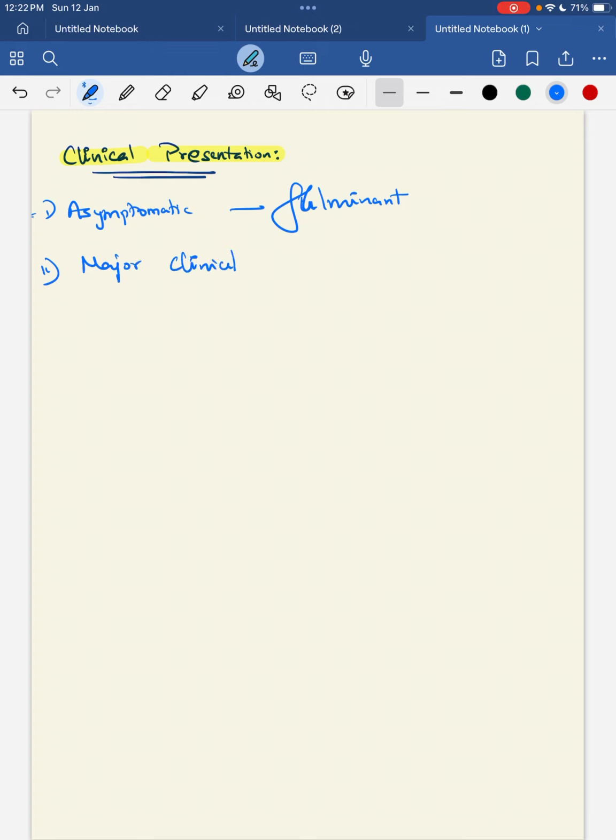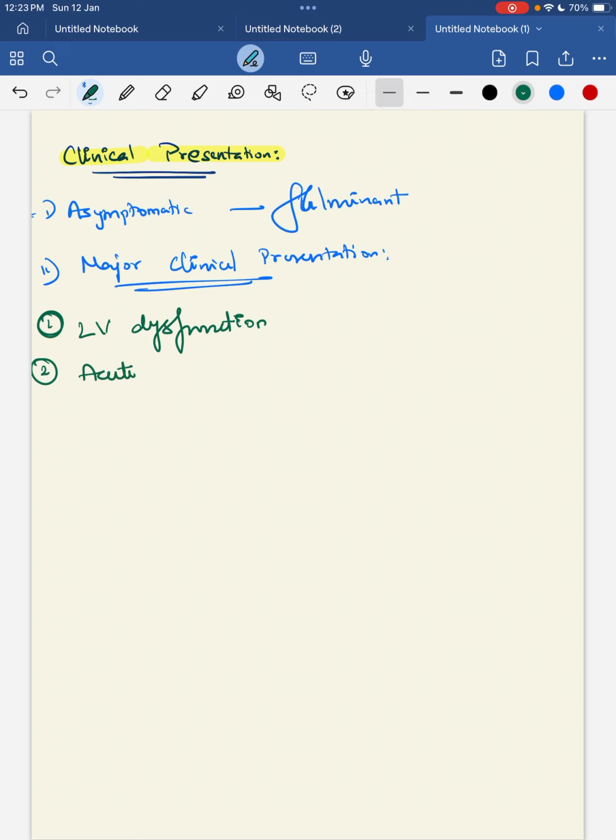Second, the child can present with acute fulminant myocarditis. In acute fulminant myocarditis, the child will have severe congestive heart failure, or the child can present in shock or in multi-organ dysfunction syndrome.